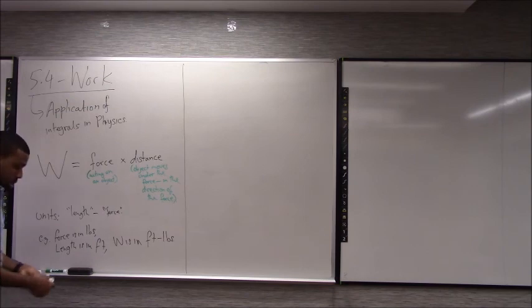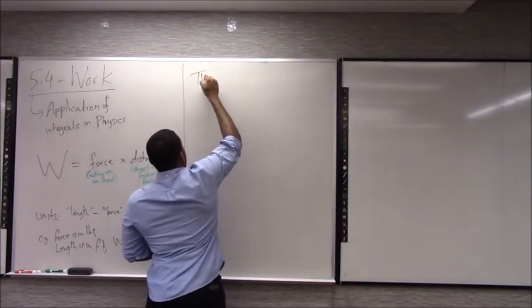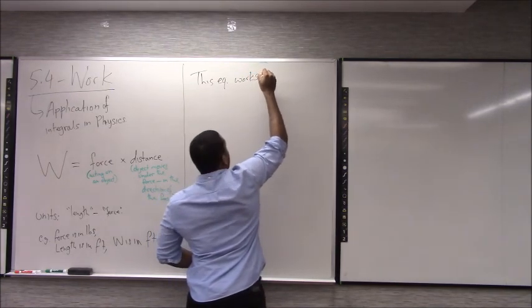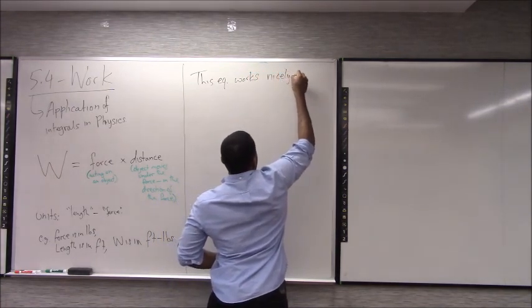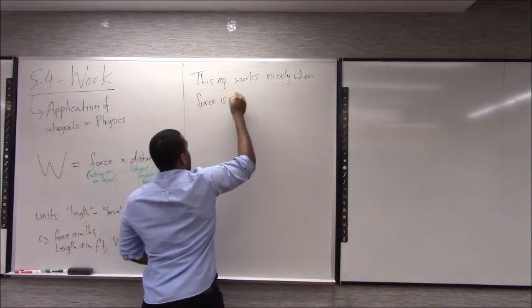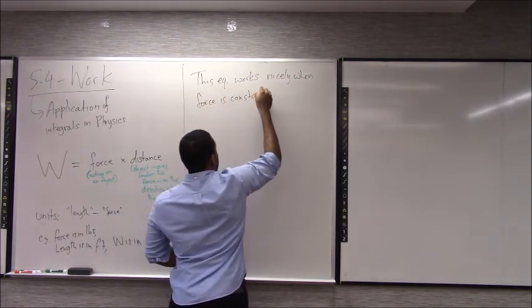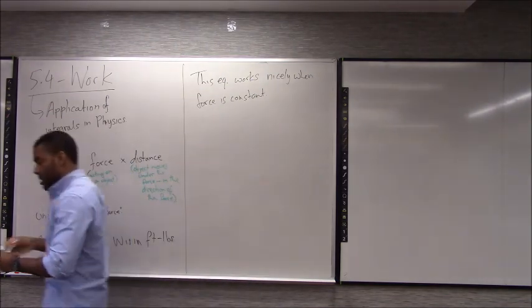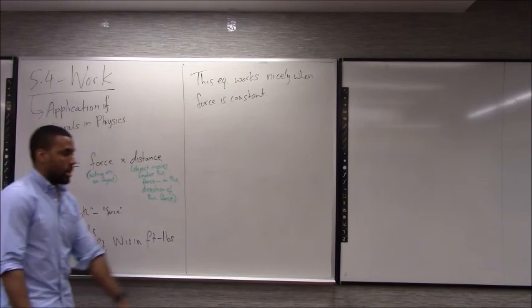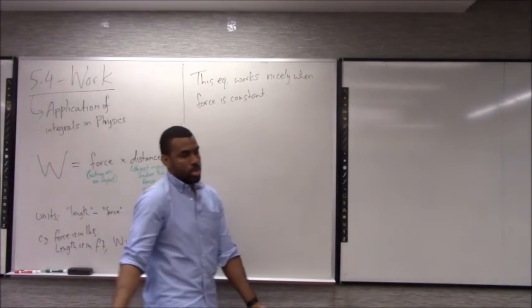And so this equation works nicely when your force is constant, right? For example, in the example I just told you about lifting the 10-pound weight off the floor, the force that object is applying is 10 pounds. It's always going to be 10 pounds.